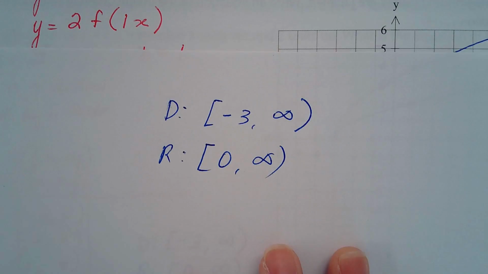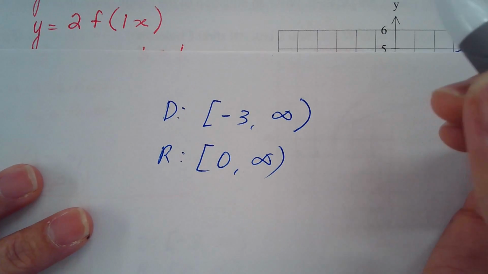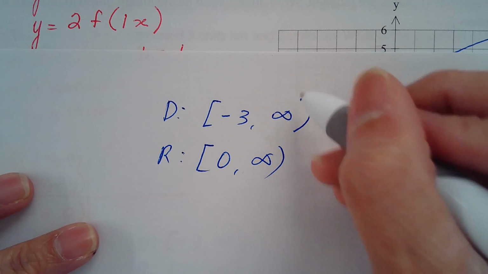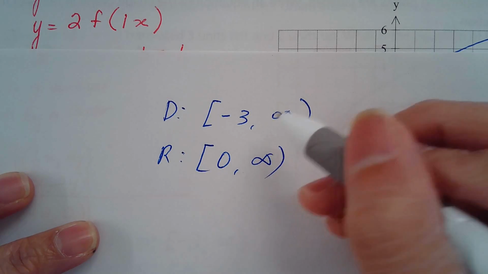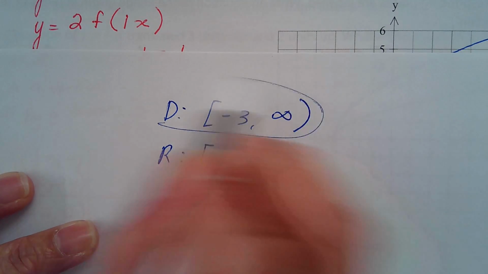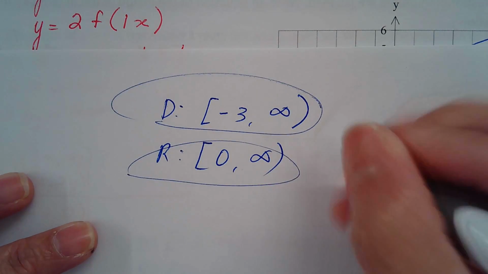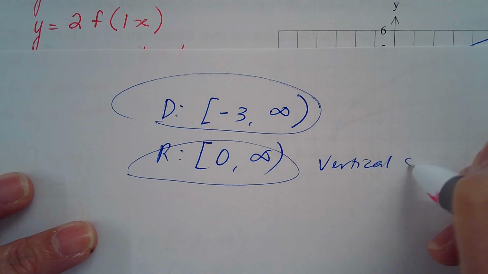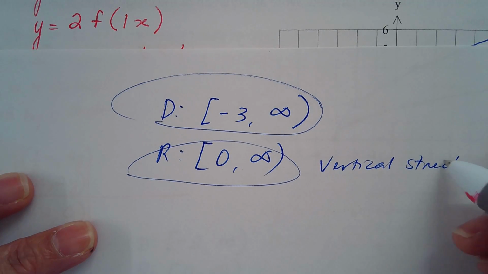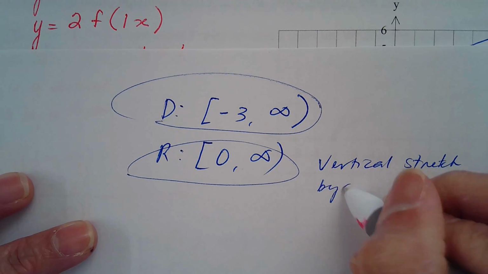Okay. Now, the kind of transformation we did was a vertical stretch. So think of this as, the domain stays the same, right? Nothing changes on the x. But there's a vertical stretch by a factor of 2.